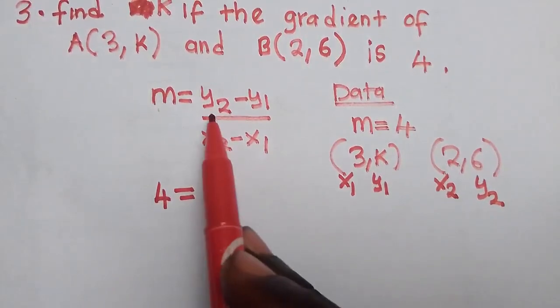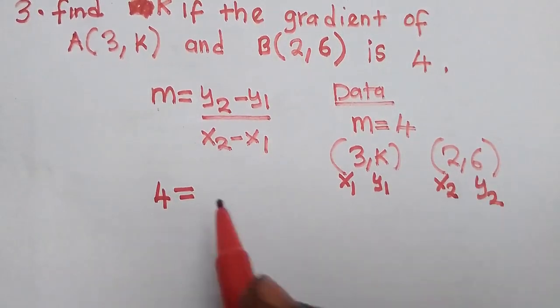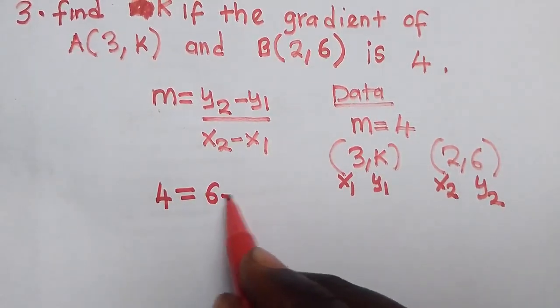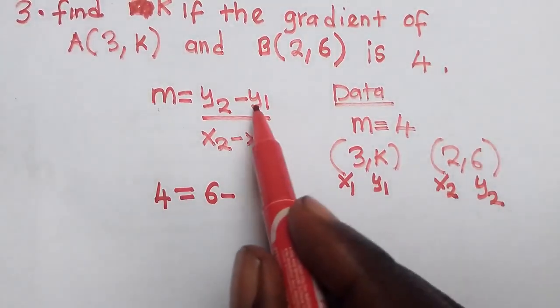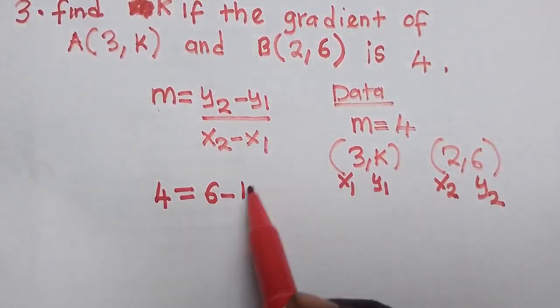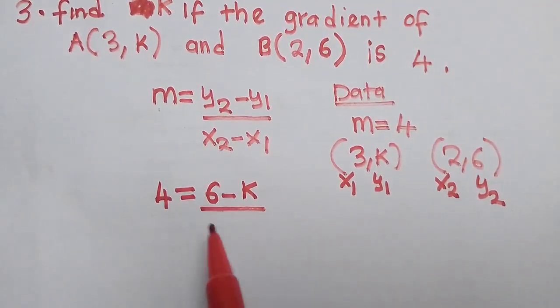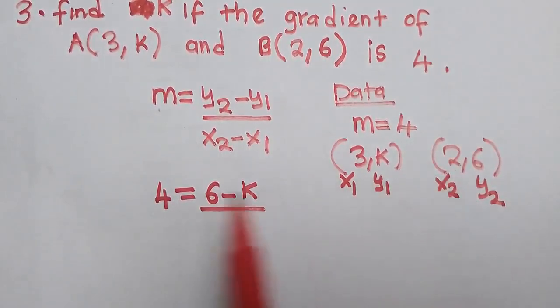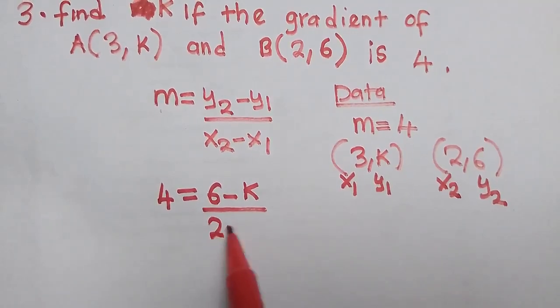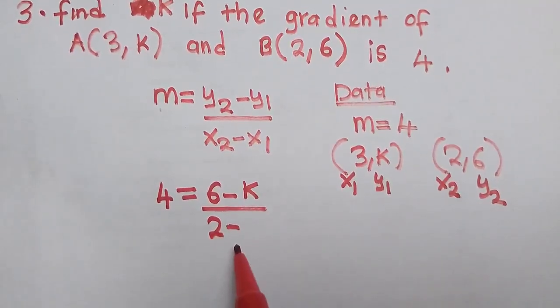So what is your y2? 6. Minus, what is your y1? k. Over, what is your x2? 2 there. Minus, where is x1? x1 is here, 3.